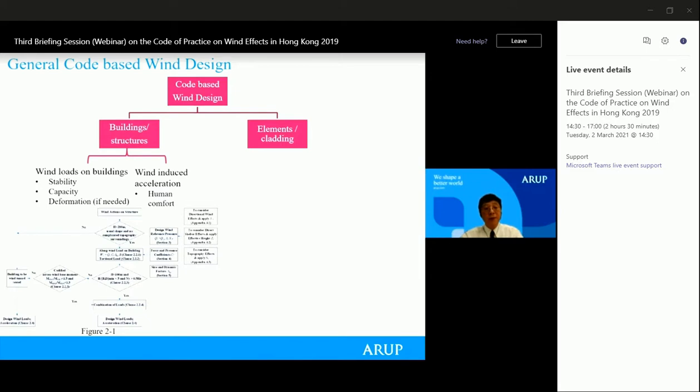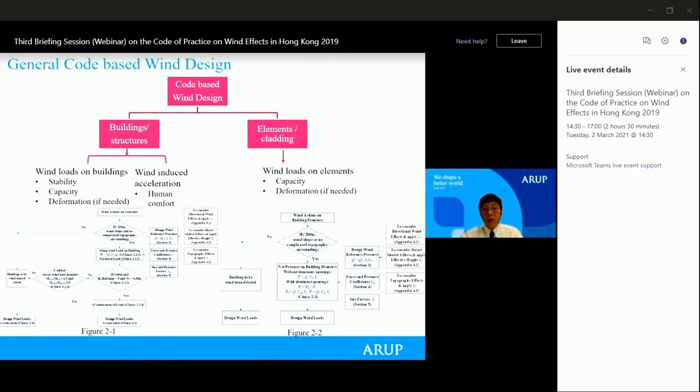The work procedure can be found in Figure 2-1 of the new code. For building elements, a similar equation can be found in the code for capacity and deformation check, and the workflow can be found in Figure 2-2.